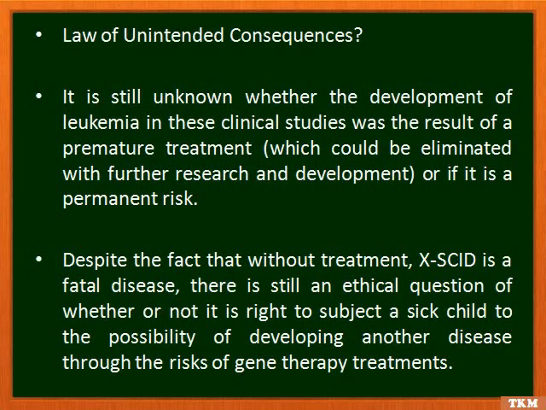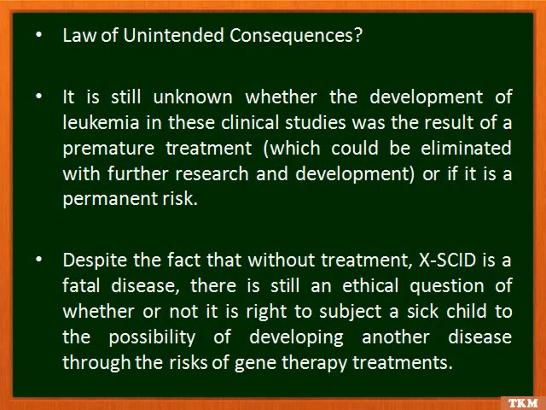So if we take a look, it resulted in unintended consequence. So there's a law of unintended consequence. It is still unknown whether the development of leukemia in these clinical studies was a result of a premature treatment, which could be eliminated with further research and development, or if it is a permanent risk.